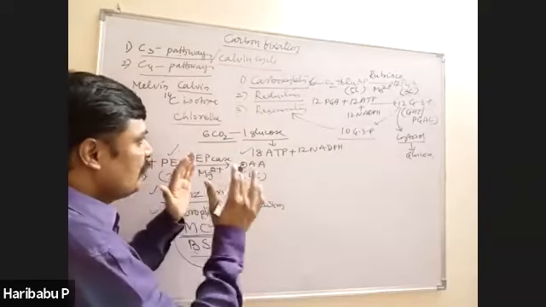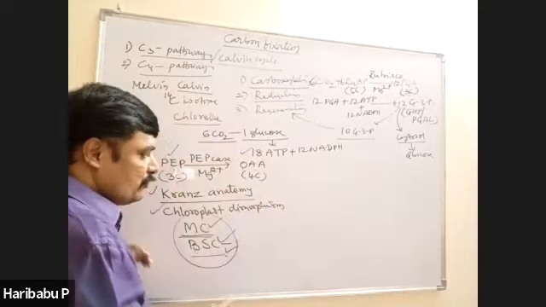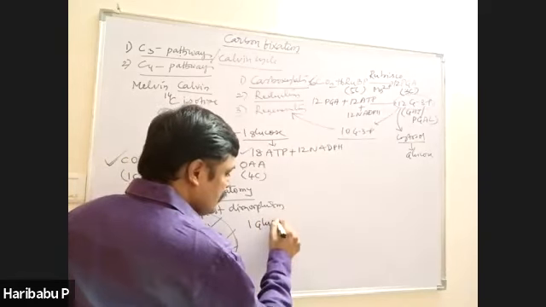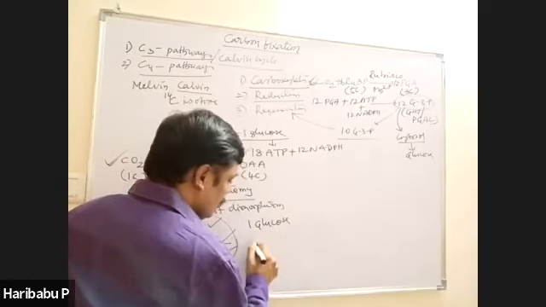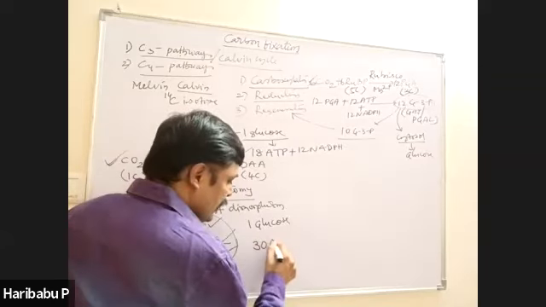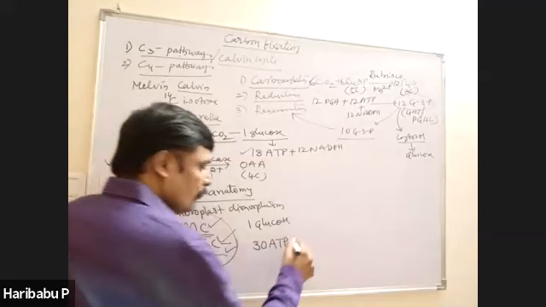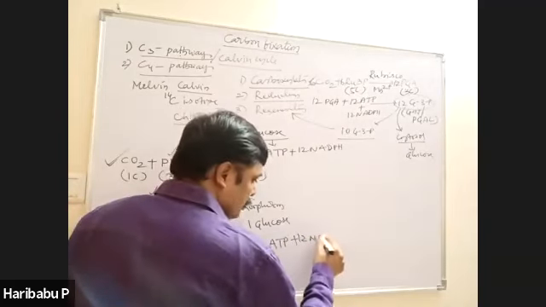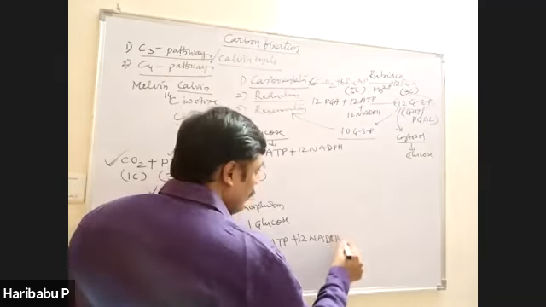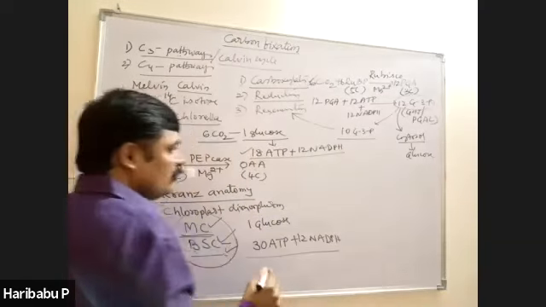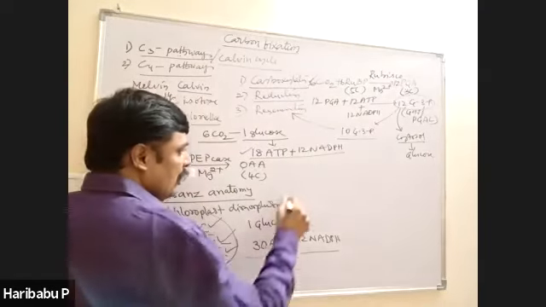For production of the same amount of glucose, for example 1 glucose, C4 plants require 30 ATP plus 12 NADPH, whereas C3 plants require 18 ATP and 12 NADPH.